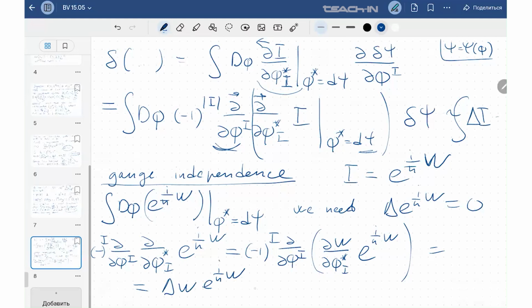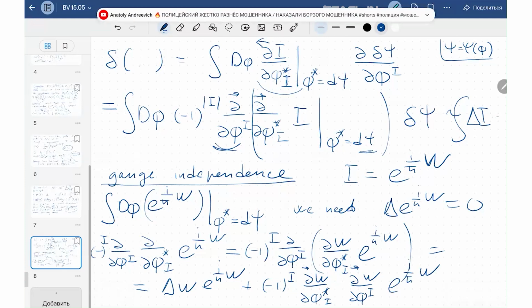So this is going to look like, it's important to put derivatives right. And then dw over d phi I, and again exponential.